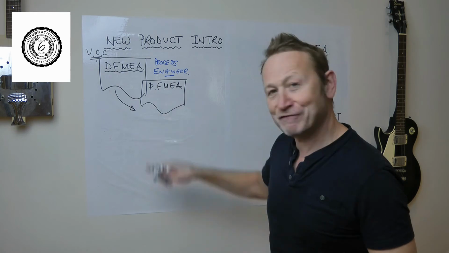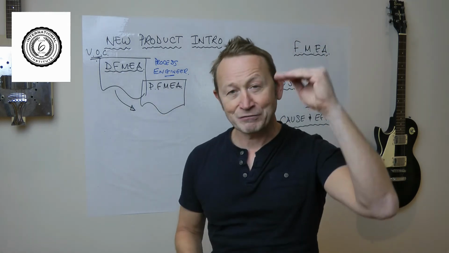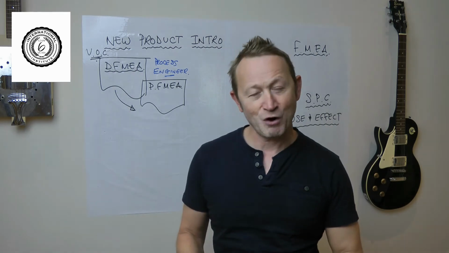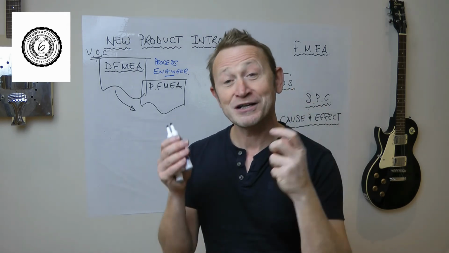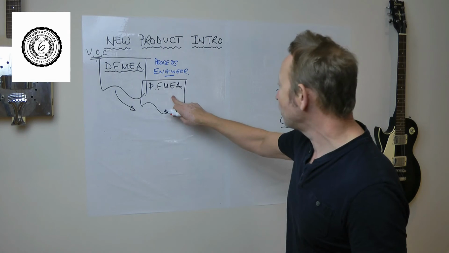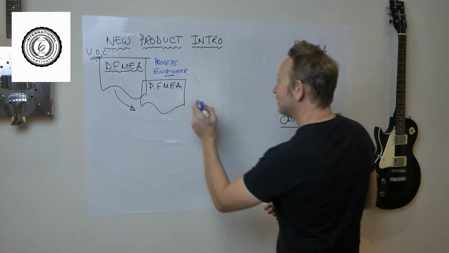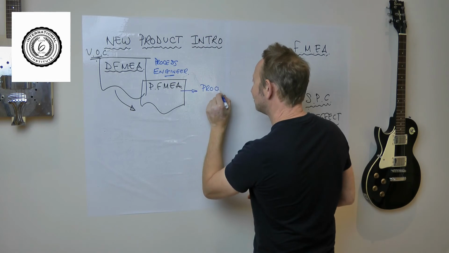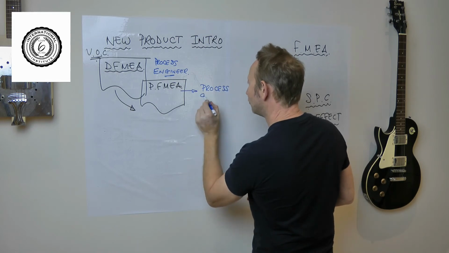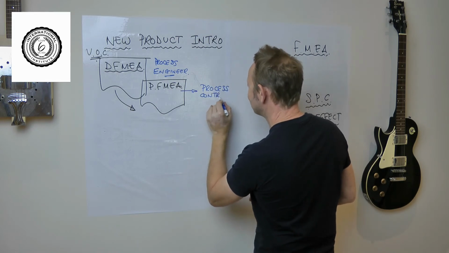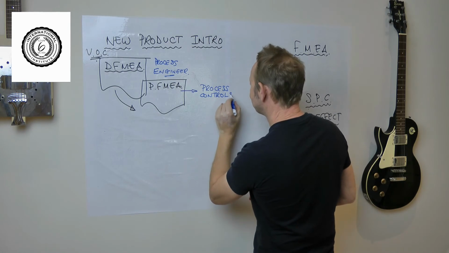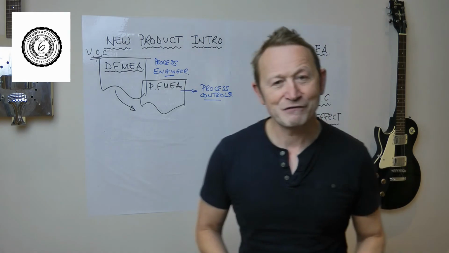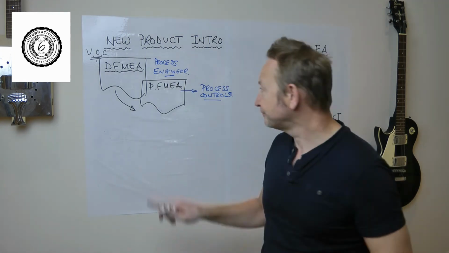The process FMEA is supposed to take you through every step of the process and ask what could go wrong and how you're going to control it. What comes out of here are your process controls. A control plan should come out of this, if it's done correctly.